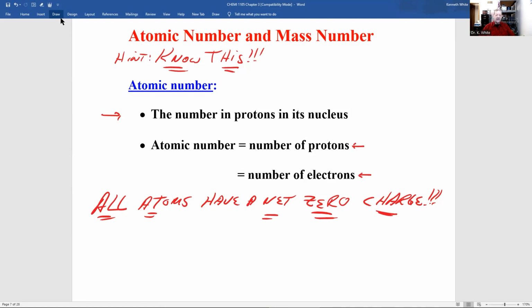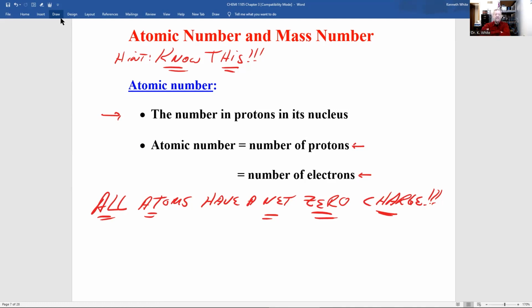So let's say this again. The atomic number, by definition, and I'll never ask you what is the atomic number, but you should know this, and I'll explain why. The atomic number is the number of protons in the nucleus.